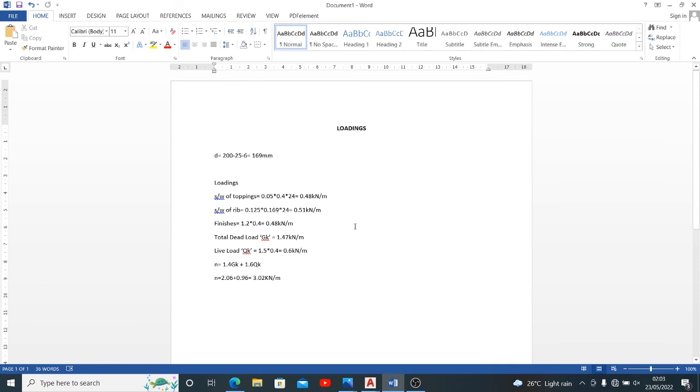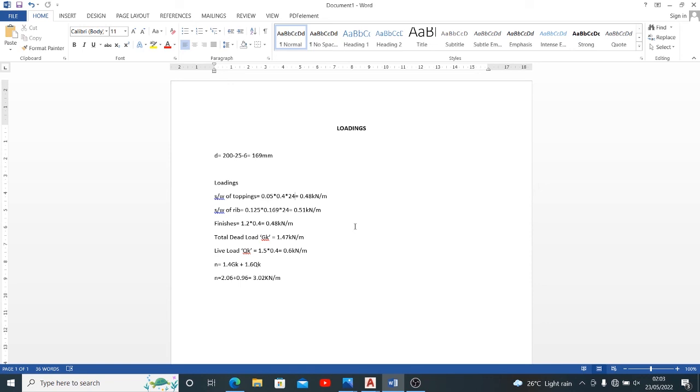Now assuming that we have finishes of 1.2 to apply, we apply that with the flange width, so multiply by 0.4 gives us 0.48 kilonewton per meter. That's very clear. So we'll have a total dead load.